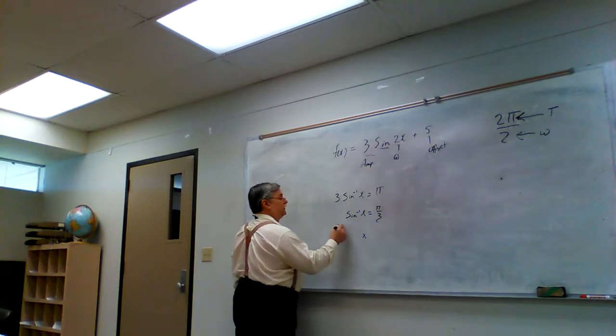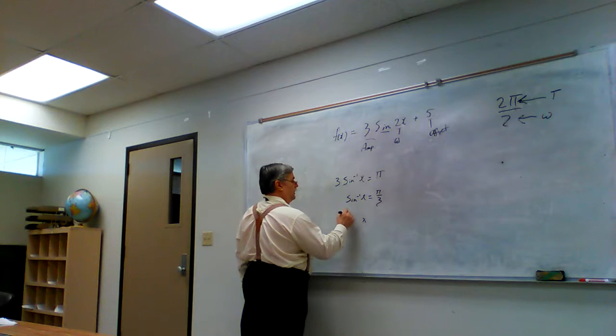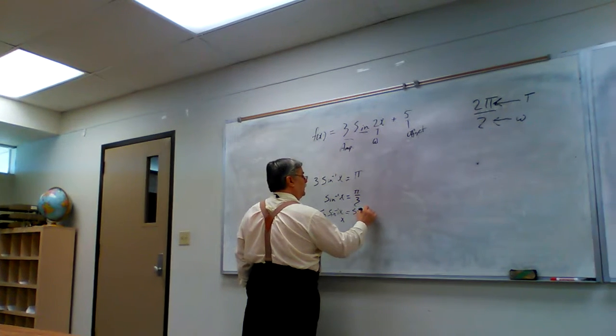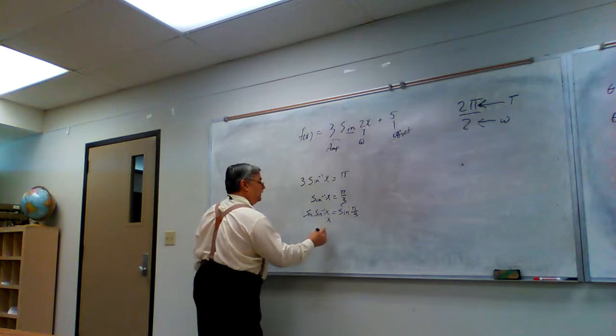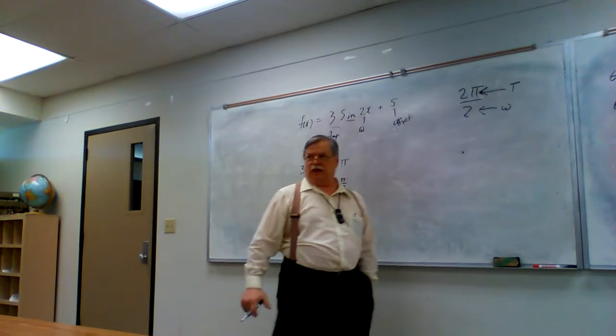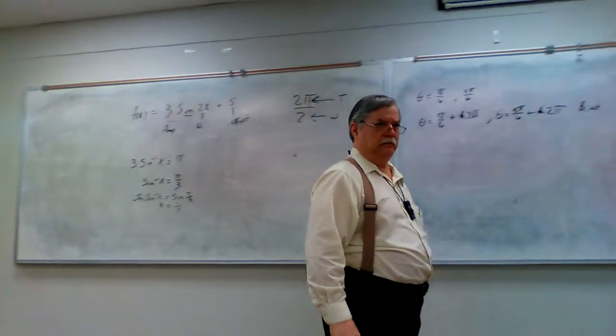What we're saying is the sine of the inverse sine of x is equal to the sine of pi over 3. So x is equal to what, 1/2? Is that the only solution?